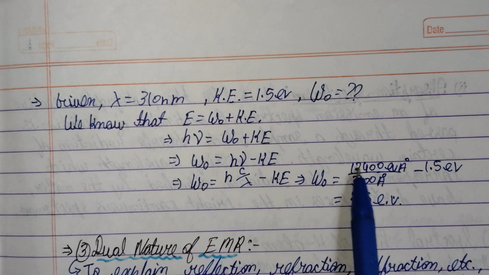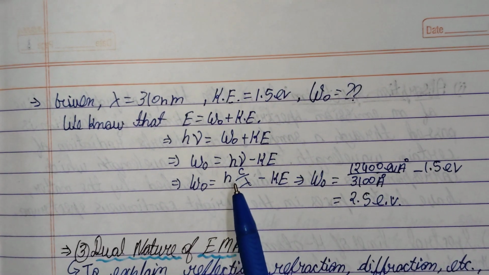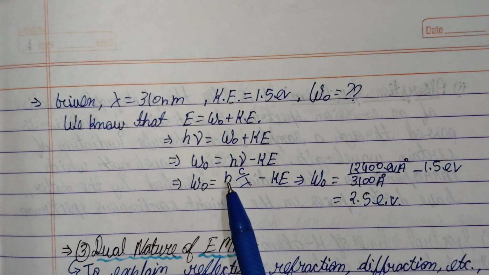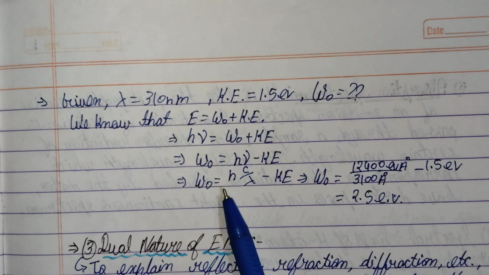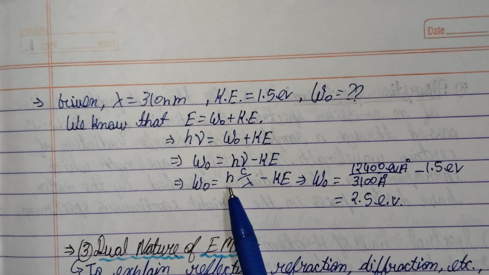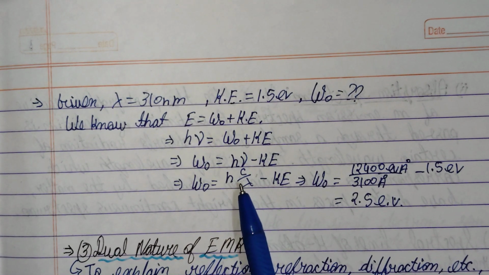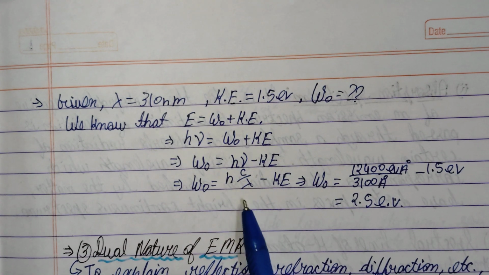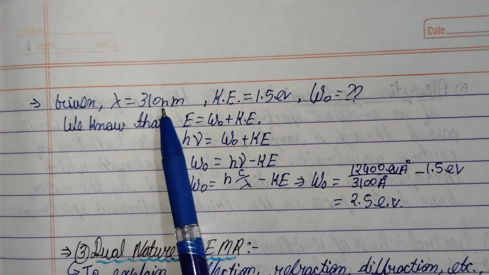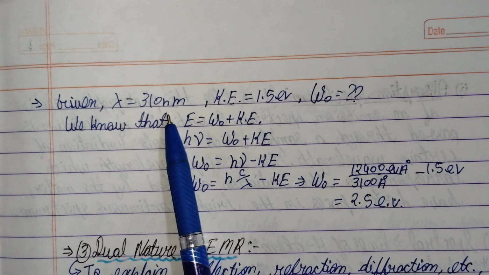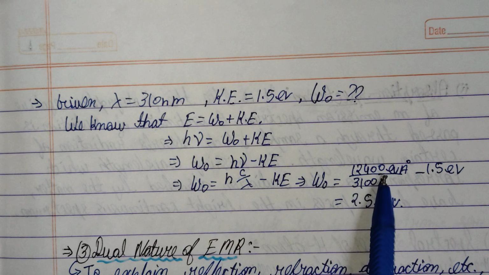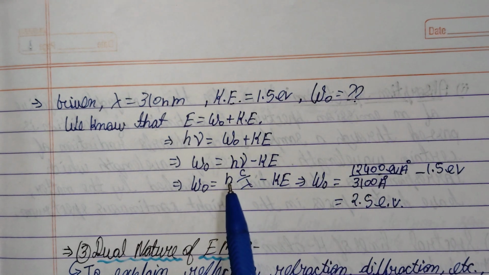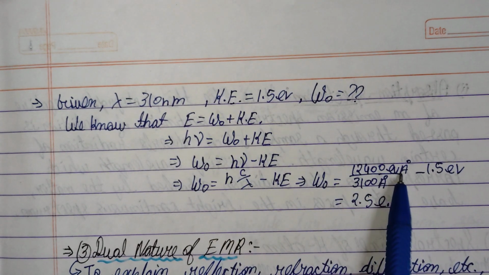So after the calculation, we replace the values. The Planck constant h, its value we have to remember. The value of h is 6.6 into 10 to the minus 34, c is 3 into 10 to the power 8, and lambda is given as 310 nanometer. We replace and solve, and we convert into electron volt.